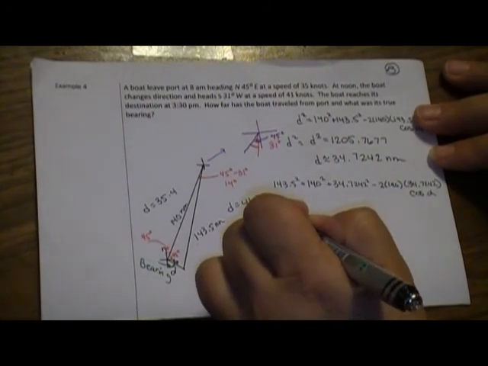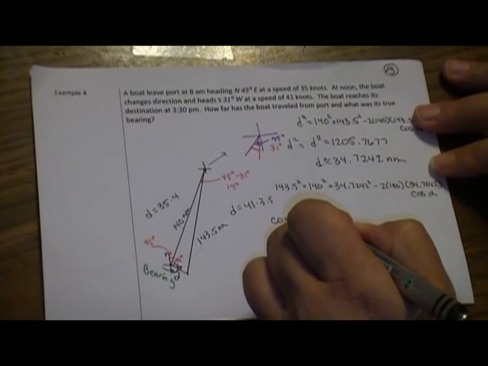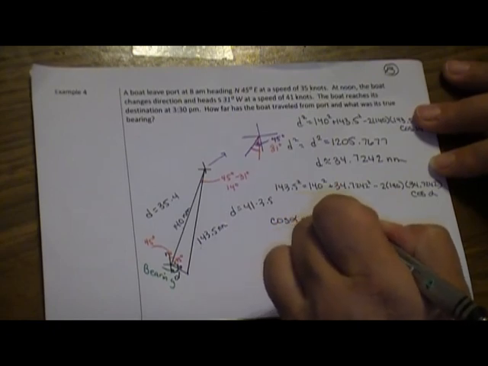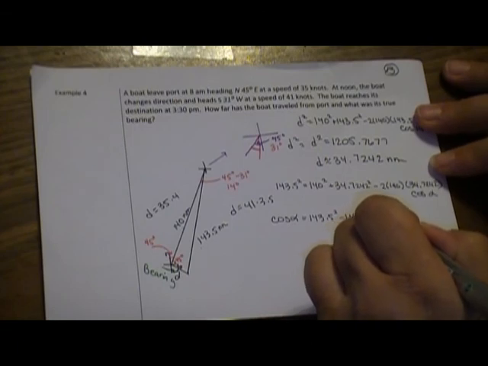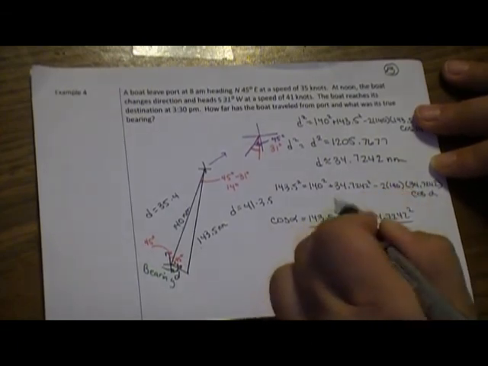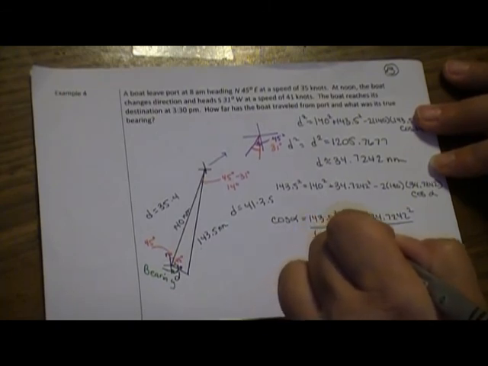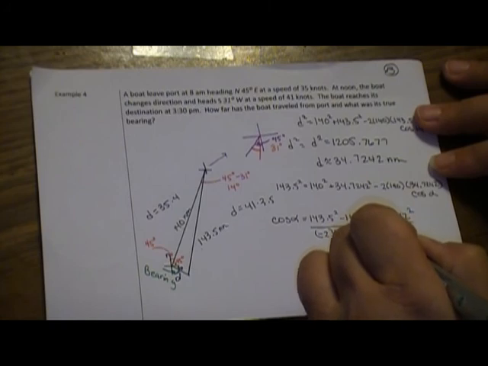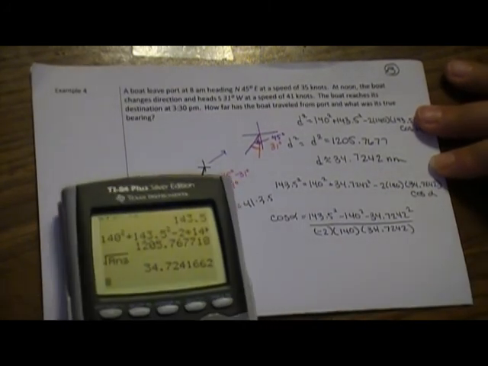Solving for cosine of alpha is 143.5 squared minus 140 squared minus 34.7242 squared, all divided by negative 2 times 140 times 34.7242.